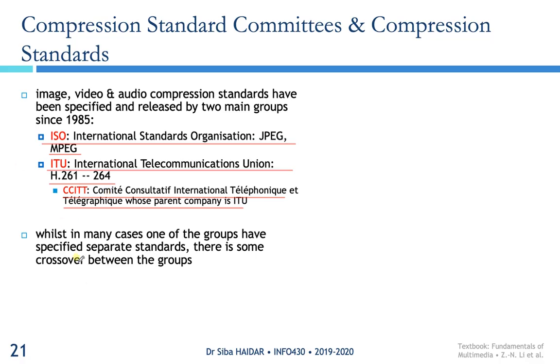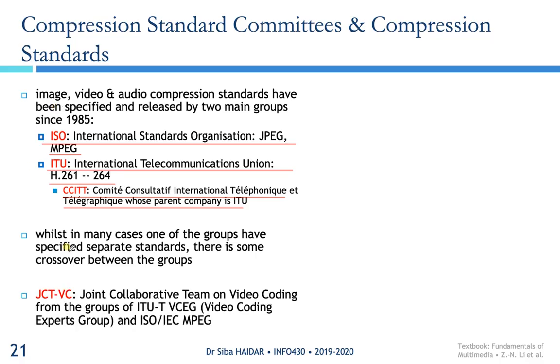So whilst in many cases one of the groups has specified separate standards, so either ISO alone does a standard or ITU alone does a standard, there is some crossover between the groups. The groups were not independent, so the groups were not isolated. They saw what each other does, and they adapted and took the advantages of each other until lastly they joined their effort.